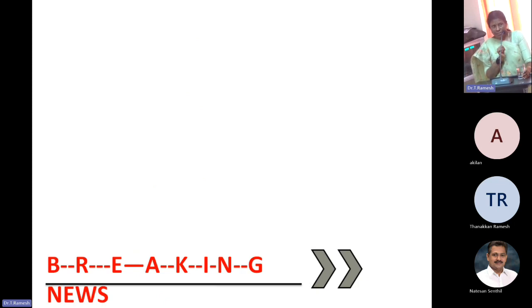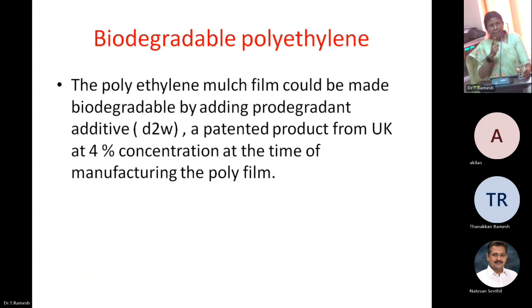Now on biodegradability: it is not the latest. As I have shown, the structure of polyethylene makes it very difficult to break. So by adding an additive, we can break it. We have attempted to break this long chain to make it biodegradable. Yes, we did it. So this polyethylene mulch film can be made biodegradable by adding a pro-degradant additive.